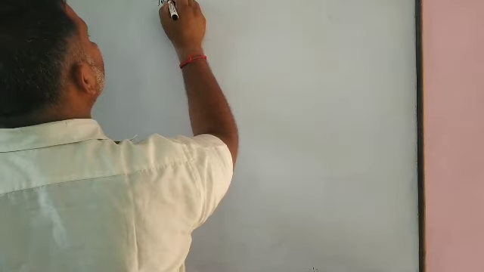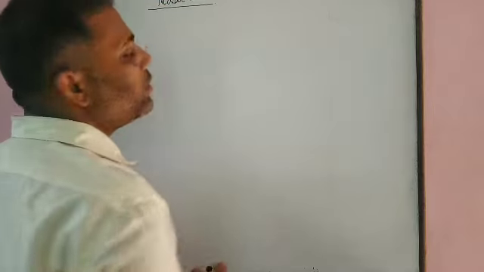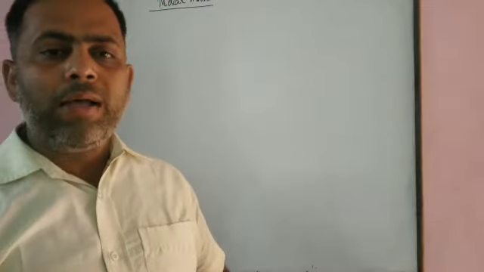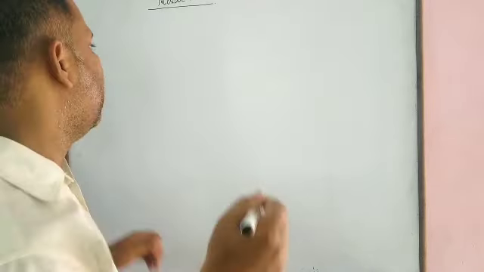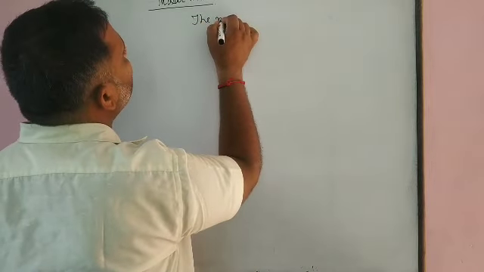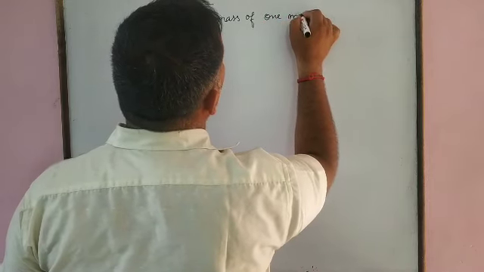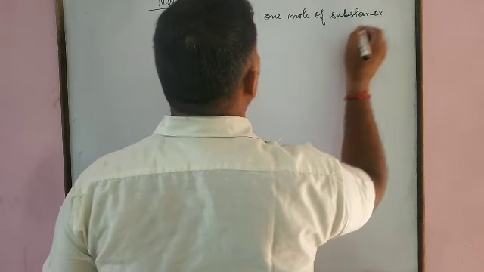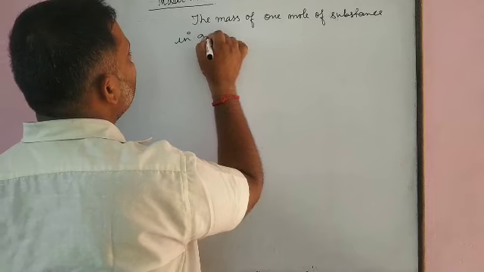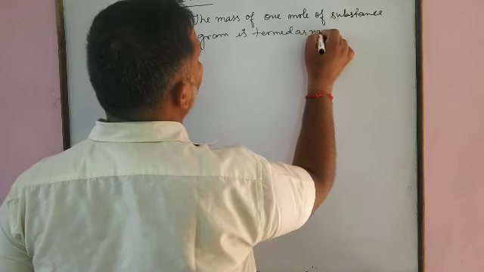What is molar mass? Molar mass means the mass of 1 mole of substance in gram is termed as molar mass.